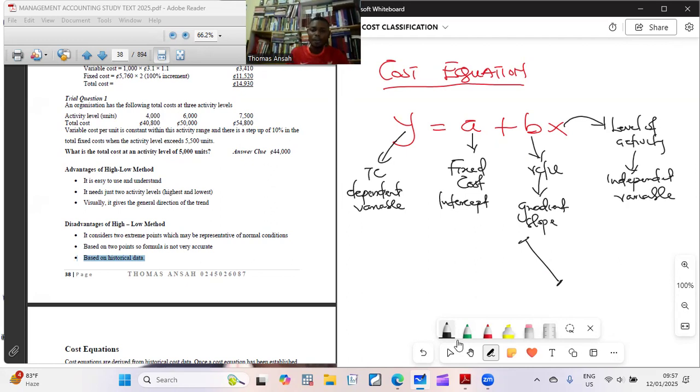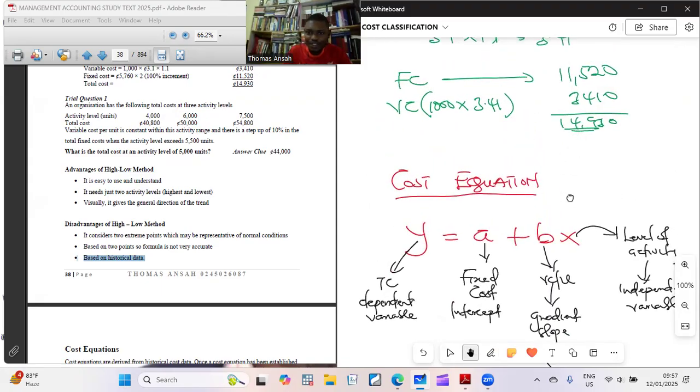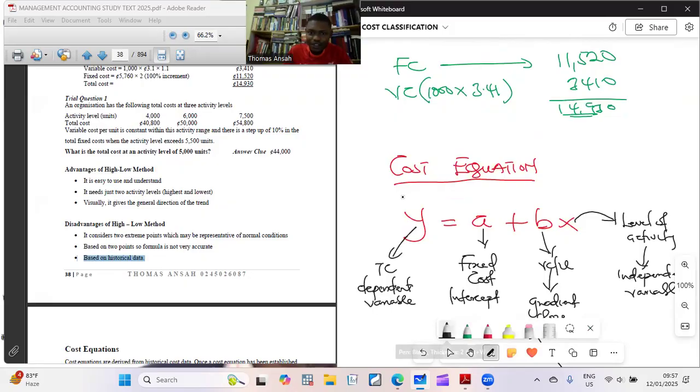With the formula, what we did, it can be said that 14,930 is equal to fixed cost of 11,520 plus, in brackets, variable cost per unit, which was 3.41, multiplied by level of activity 1,000.